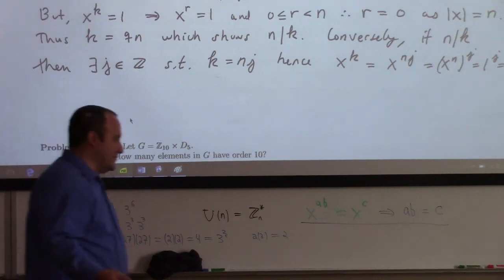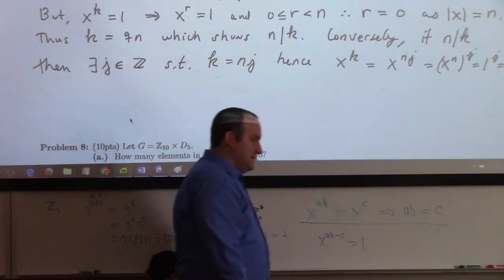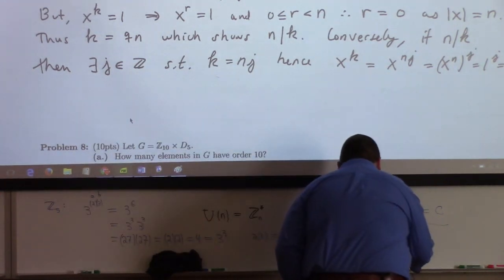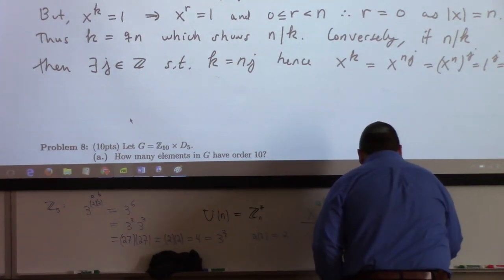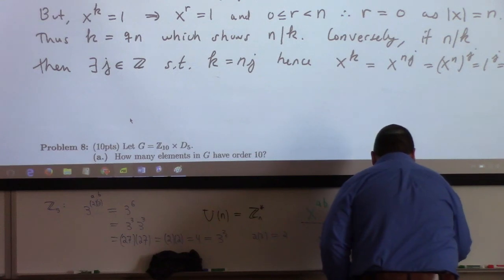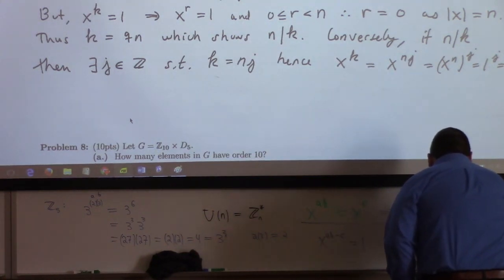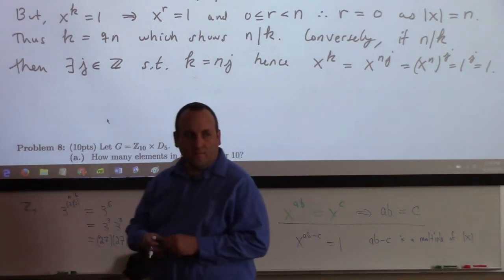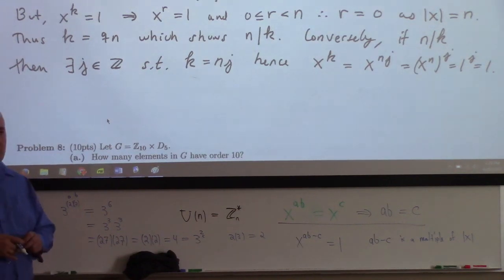I mean, you can say this much. If we have x to the ab minus c equals 1, what's that tell us? That tells us that ab minus c is a multiple of the order of x, right? So if x has finite order, that means that ab minus c is a multiple of whatever that order is.